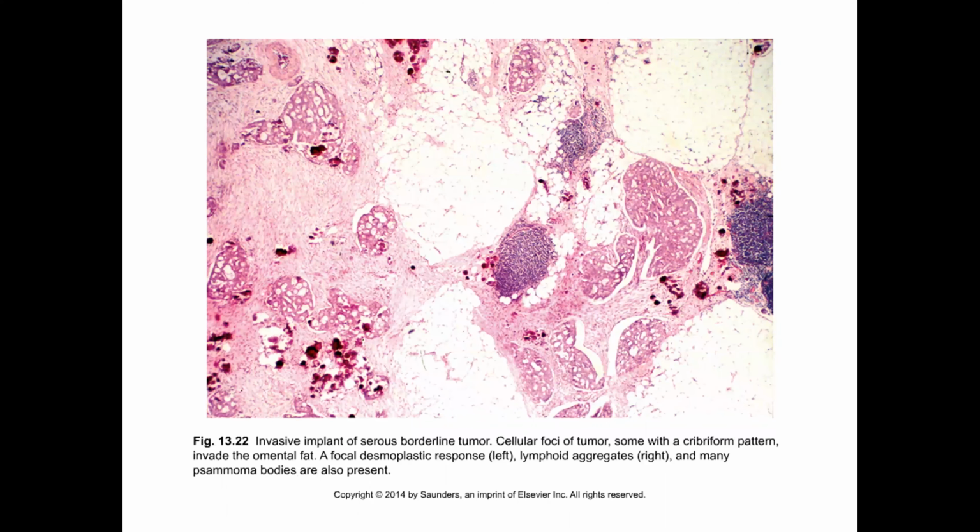Here's maybe the more low power appearance in an omental sample, where we can see that there's just more abundant tumor that's clearly evoking a broad-based area of desmoplasia. We have tumor abutting large vessels. We also have a lymphoid inflammatory response here. And these markers, particularly the vascular anatomy there, should clue us in to term this as an invasive implant.